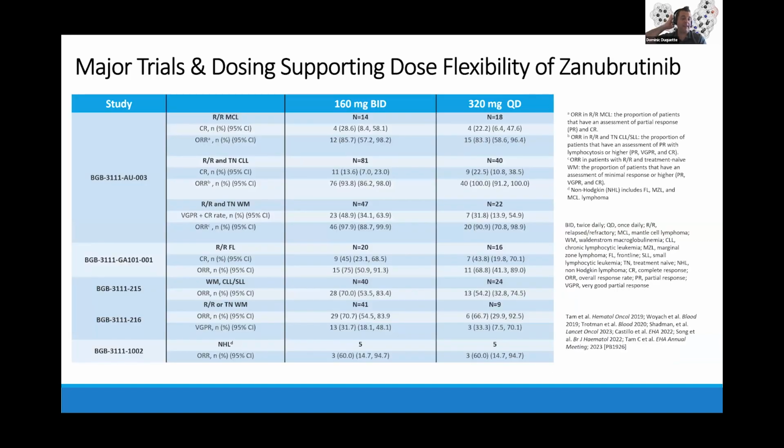And for efficacy, it's a complicated slide and you can look at it more closely after that, but you can see that there isn't much difference in the efficacy as pertains to overall response rates and the CR rates if you have the 160 BID or the 320 once daily. So both can be used.